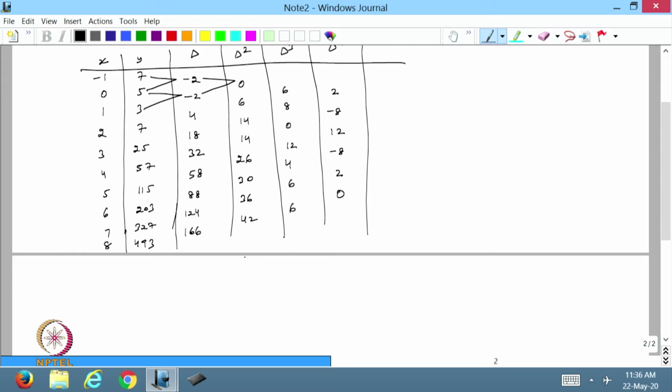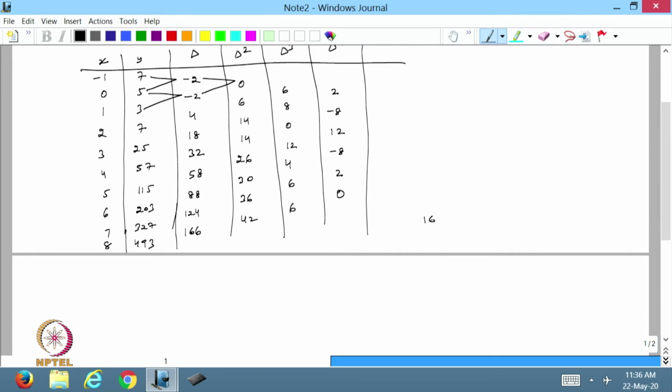If you see, this is 2, 2, minus 8 and 12, and if I add all these errors together, it is 12 plus 2 is 14, plus 2 is 16, and this is minus 8 and minus 8. So, it is 16 minus 16, so 0. That tells me about the error, because we have seen that the sum of all the errors in any column is 0 and they follow the binomial fashion.